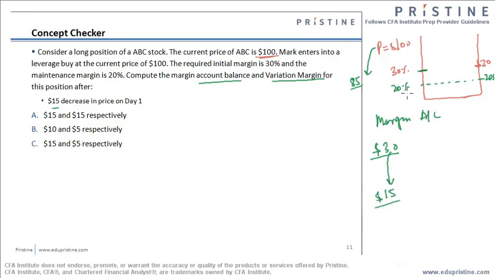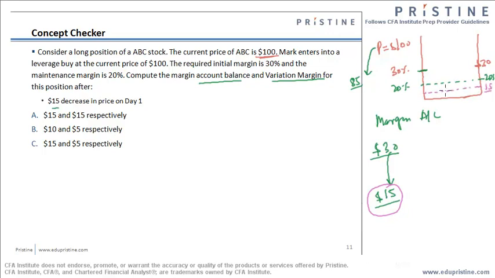Now the maintenance margin was 20%, which means that you should have your margin account greater than this $20, but on the following day we went down to $15.